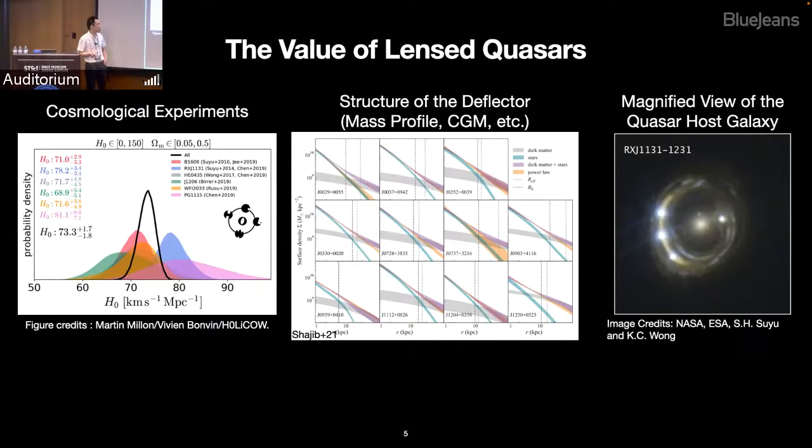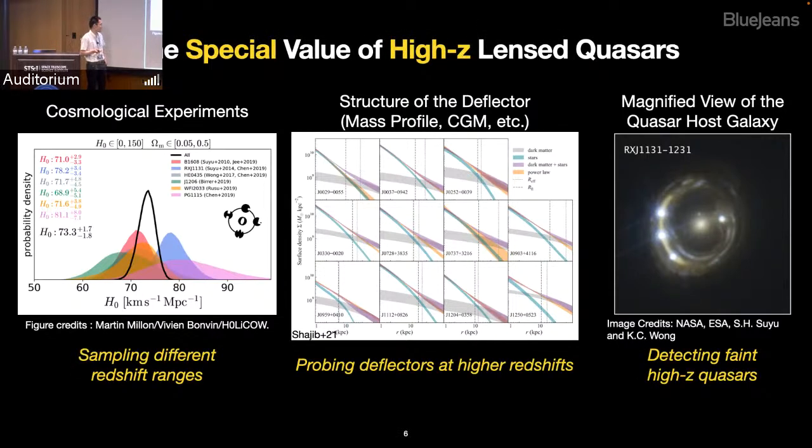In principle, you can carry out these studies for lensed quasars at all redshifts. But in this talk, I'm going to specifically focus on high-redshift lensed quasars, because there are some special points about them.